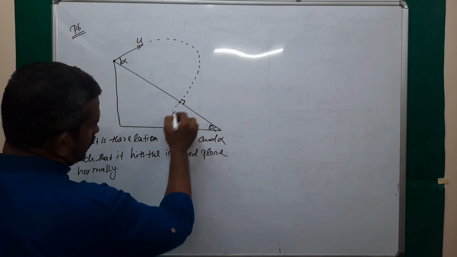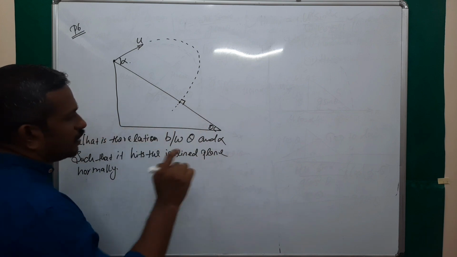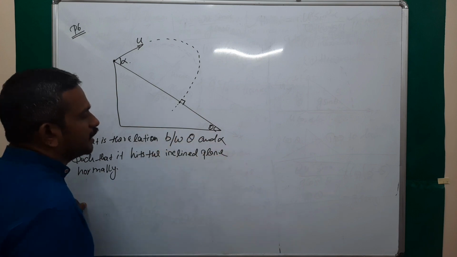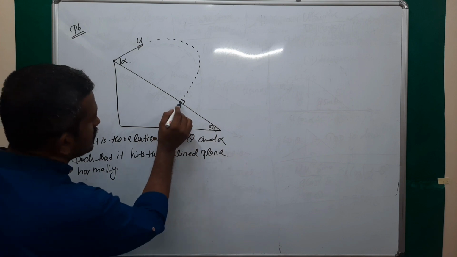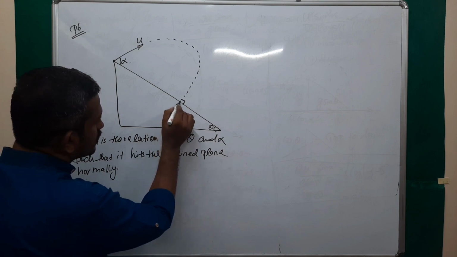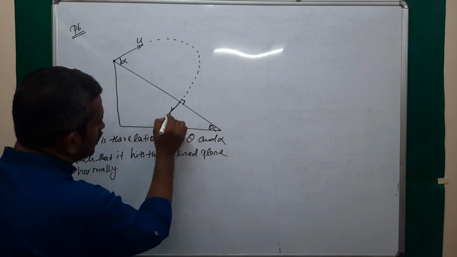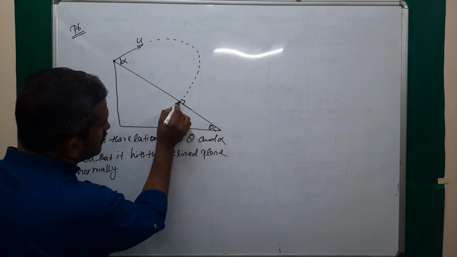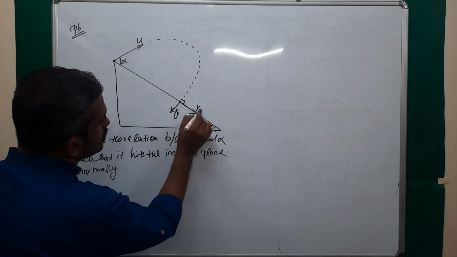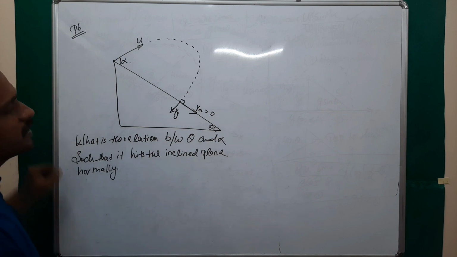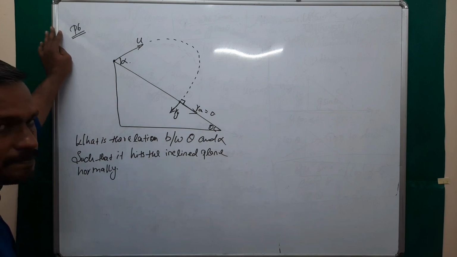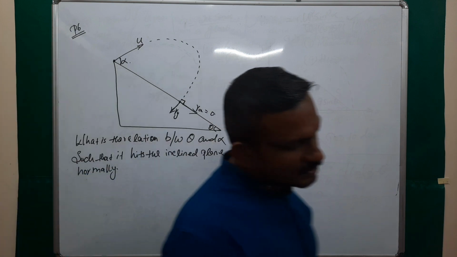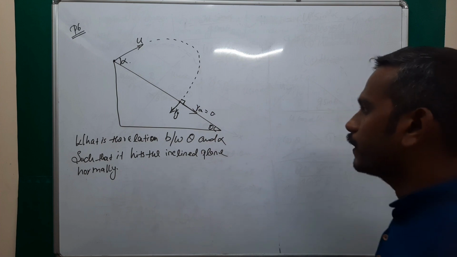If the projectile wants to hit the inclined plane normally, it has only the vertical component of velocity, that is Vy is there, and Vx equal to 0. That is the condition. Then only the projectile will hit the inclined plane normally.